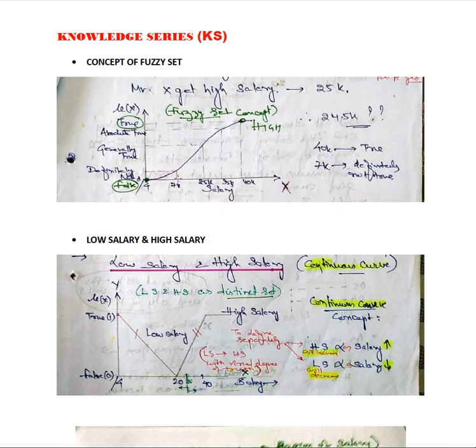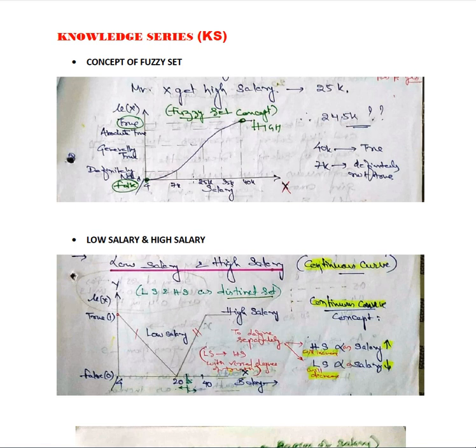Crisp will have a definite condition like 7k, 25k, 35k, 40k or 4k, but crisp does not talk about the intermediate values. So to know about these intermediate values we take the fuzzy conditions, which describe based on the fuzziness value.